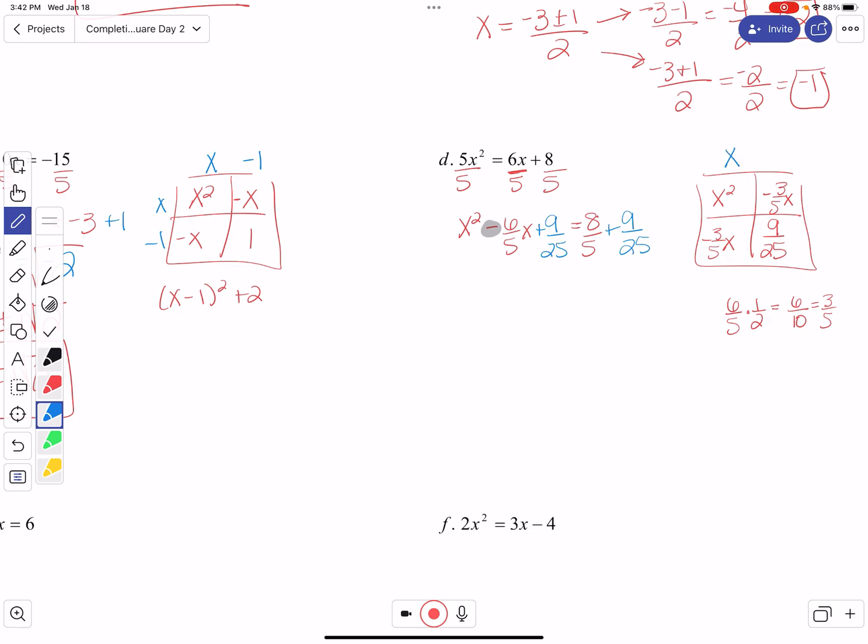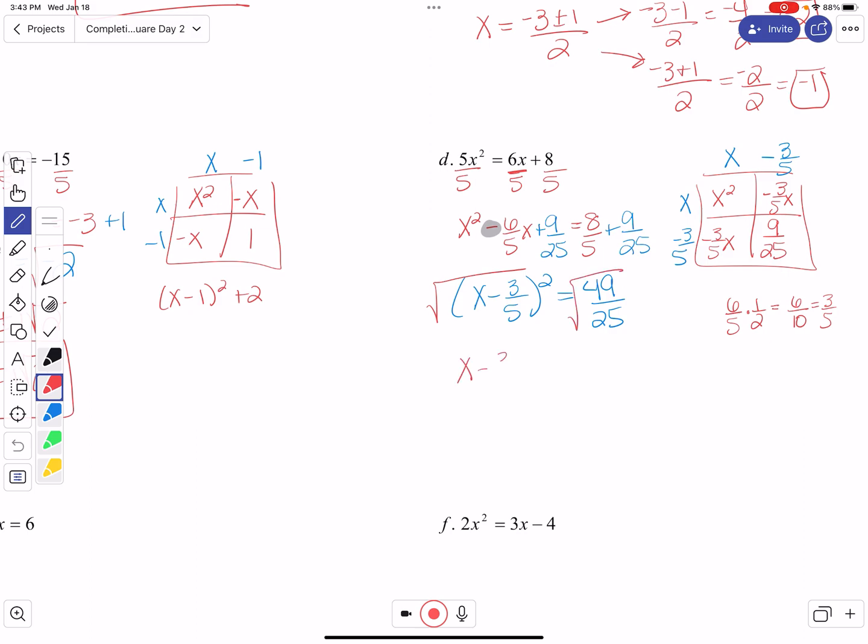So my GCF is x minus 3/5, x minus 3/5. So I have x minus 3/5 squared here. And again, use Desmos. You just type in 8/5 plus 9/25, and we will get 49/25. It comes out pretty nicely because those are both perfect squares.